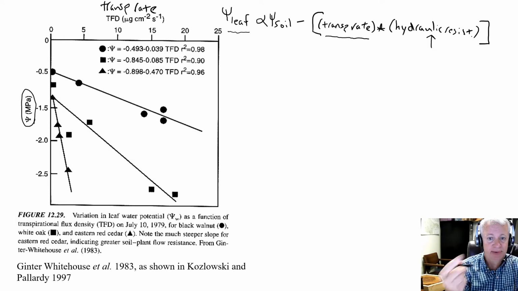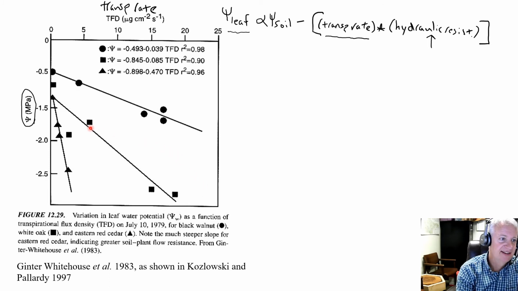Because as the transpiration rate gets larger, that increases that right-hand term, and leaf water potential will become more negative. So you can see that that's happening. So for instance, for this leaf, as transpiration rate increases, its water potential is becoming more negative. Okay, so that makes sense.